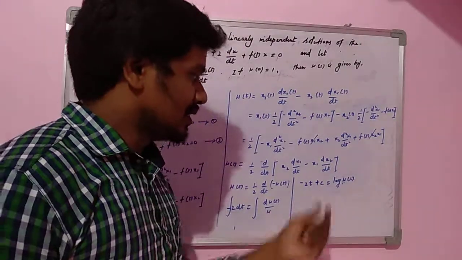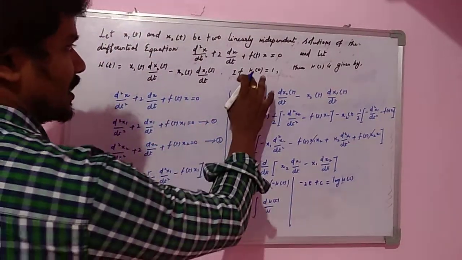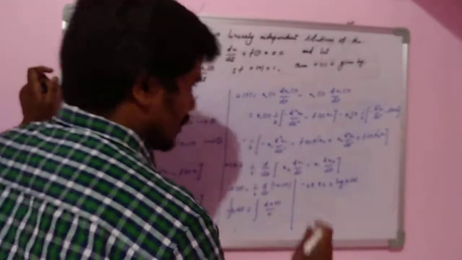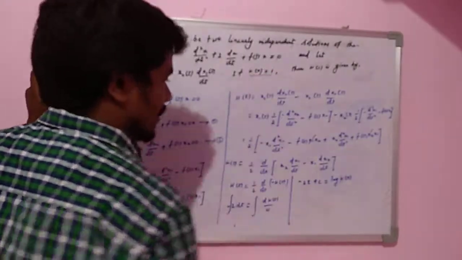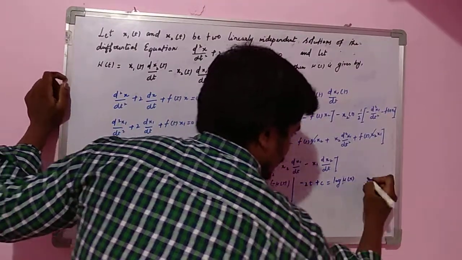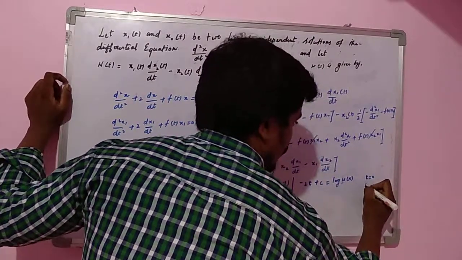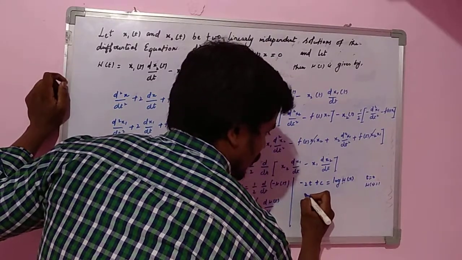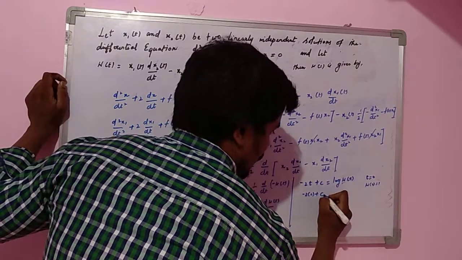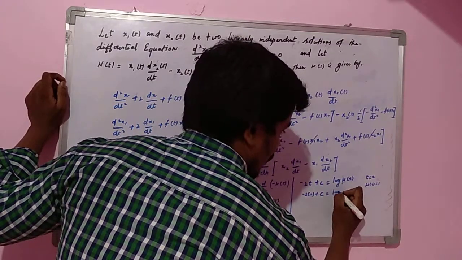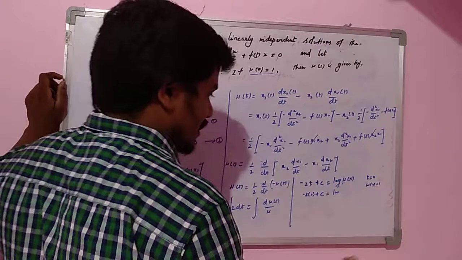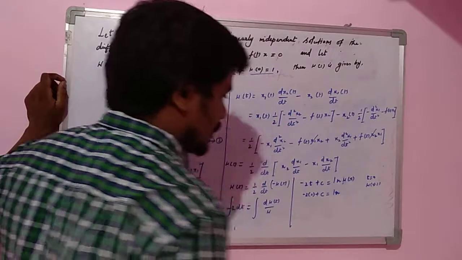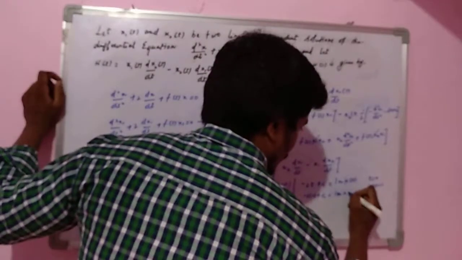Now we need to find the constant. So we know the given first condition, w of 0 equal to 1. So let's take the value. At t equal to 0, the w value is 1. This is the first condition. If you are using this condition, minus 2 times 0 plus c, we don't know what it is, equals log of, let's take the natural logarithm for the integration purpose, so ln of w of 0.